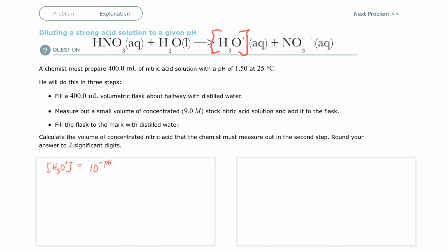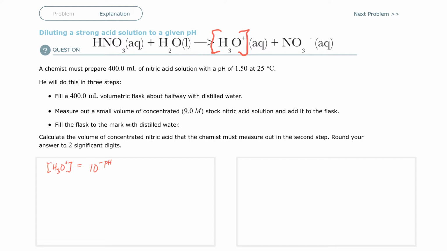When you have a pH and you're trying to find the concentration of the hydronium, you make that pH the exponent of 10 to the negative pH, and that number is your concentration. We need to find this concentration because we're eventually going to need its molarity and then the number of moles so that we can dilute it down.